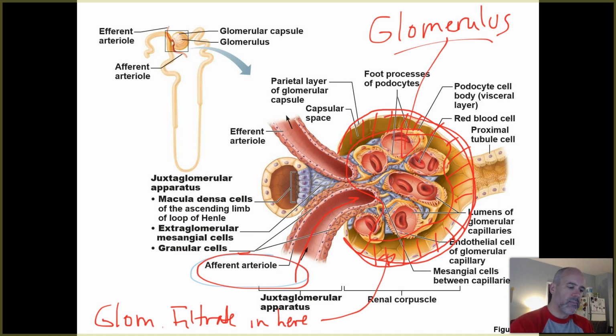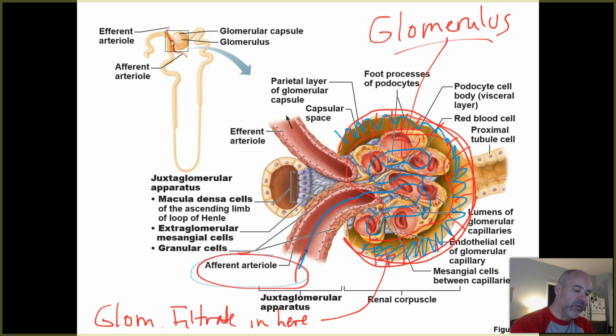Okay, so in a nutshell, what's going on is blood is incoming through the afferent arteriole, and then it passes through the glomerulus in here. And again, you've got a high hydrostatic pressure in there, or blood pressure, and that is a very leaky capillary. So fluids and solutes get pushed out. That filtered fluid ends up over here in the glomerular capsule.